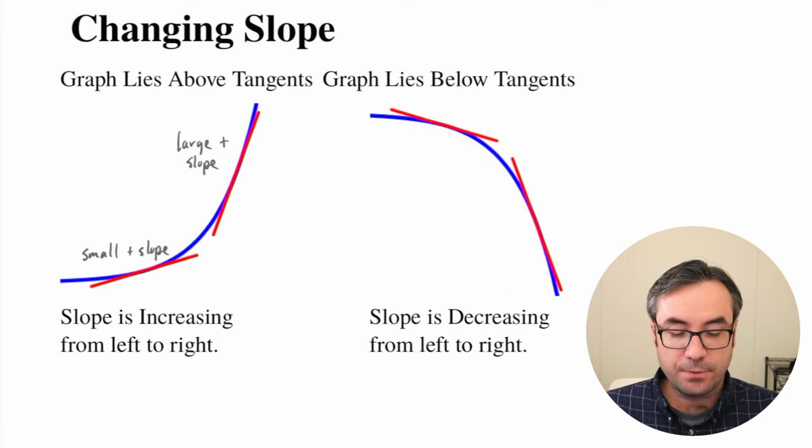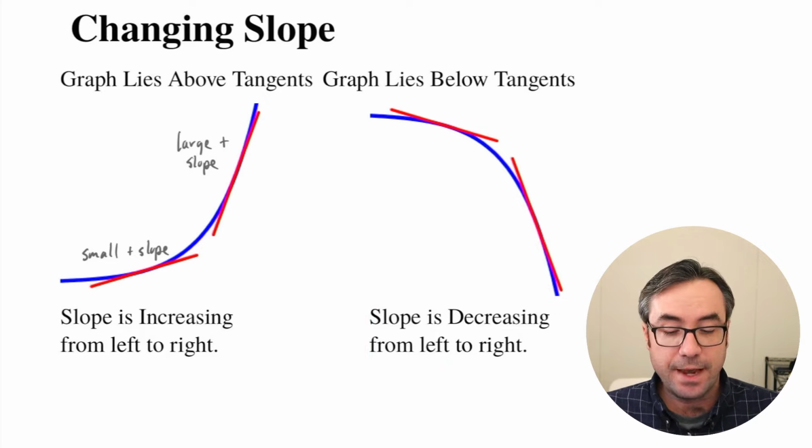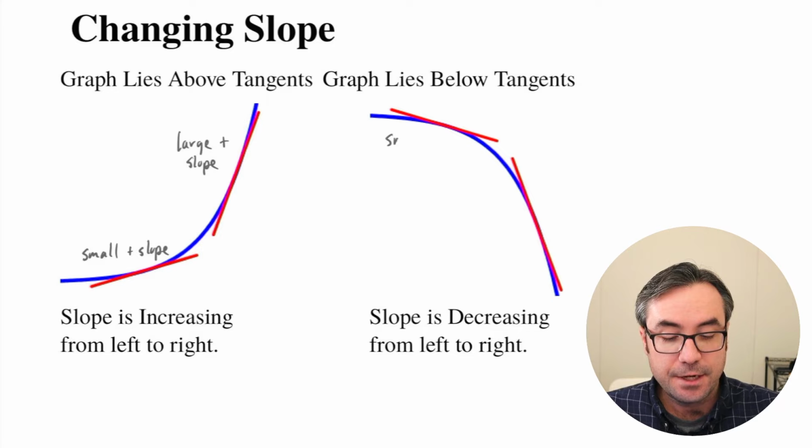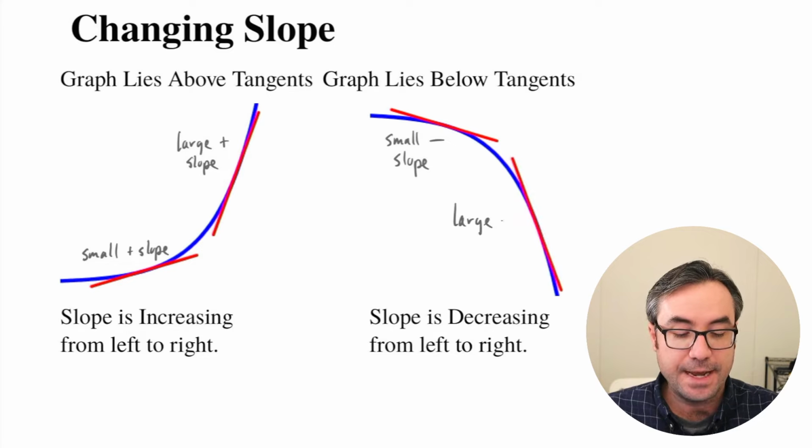And really what's going on is our slope is decreasing. Here we have a small negative slope. And then as we read from left to right, we go from a small negative slope to a larger negative slope.